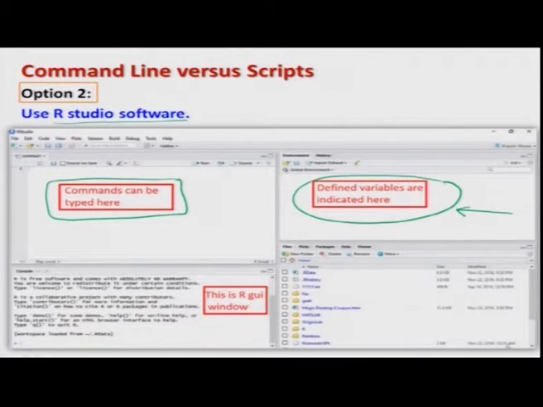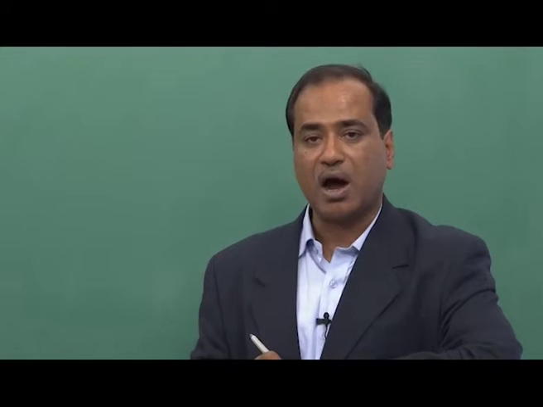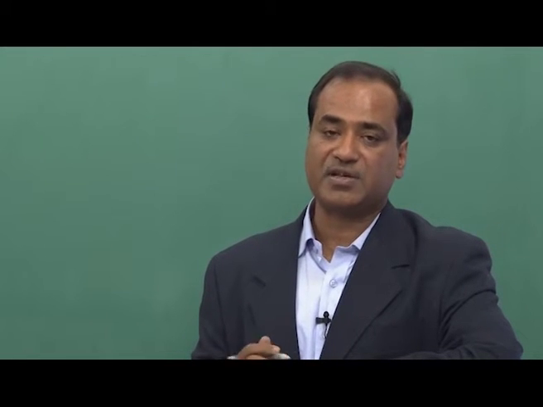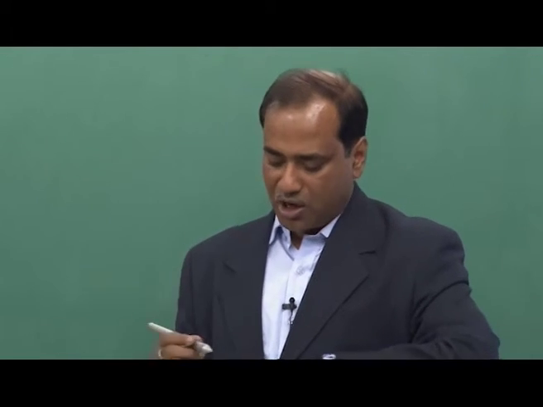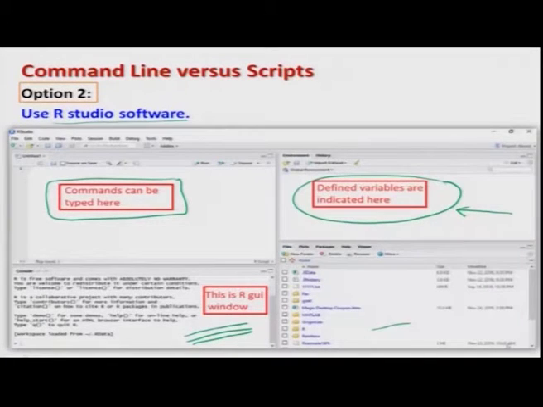The third window is a very familiar window. This is nothing but your R graphical user interface window. This is the same window which we obtain when we double click on the R icon or when we start the R software separately. Now there is another window, the fourth one.